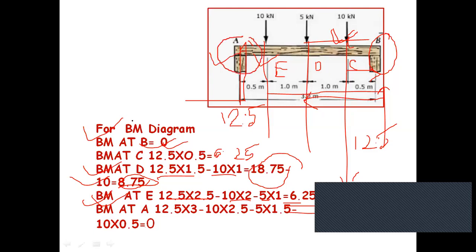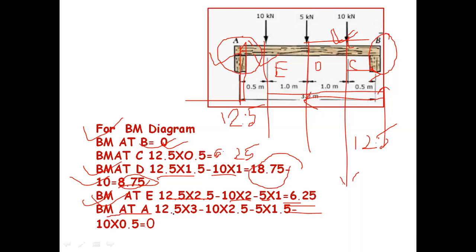How can I write the BM at A? Here we can see that BM at A is 12.5 into 3, because the point load is 12.5 and the distance is 3. Then 10 into the distance from this point, 2.5, and 5, how much distance? 1.5.